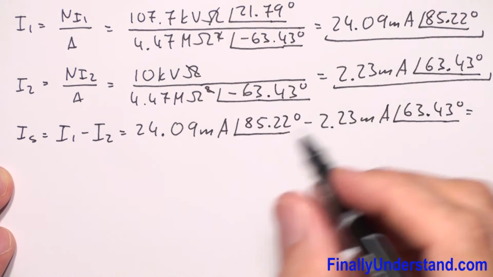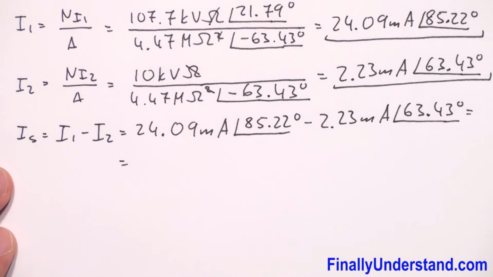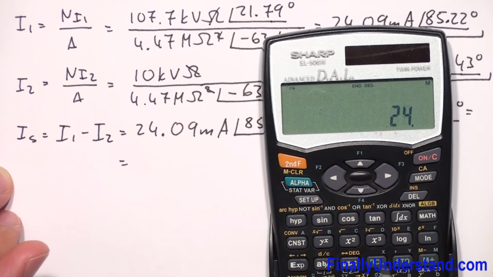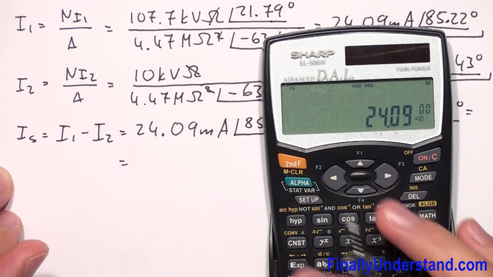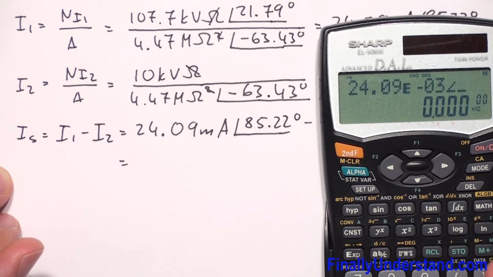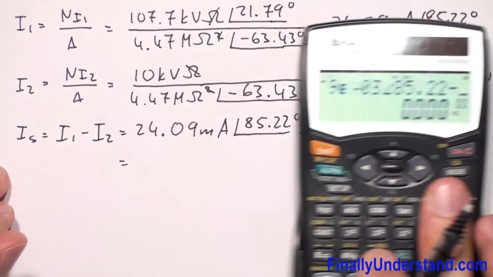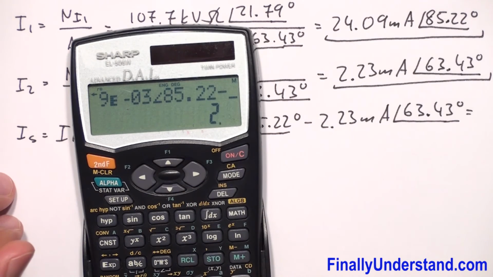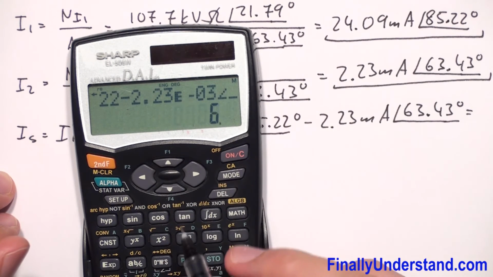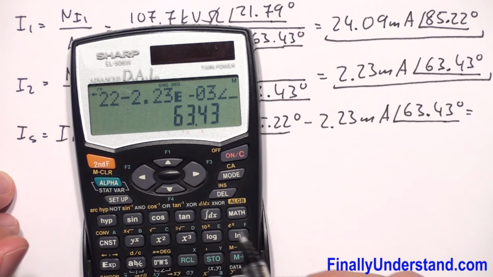So this is equal to 24.09 exponent 3 negative, angle 85.22, minus 2.23 exponent 3 negative, angle 63.43.